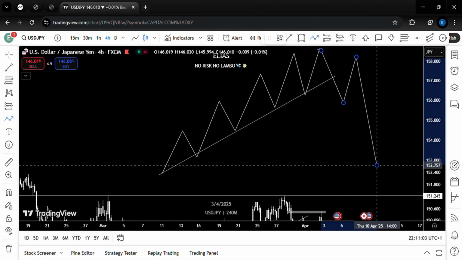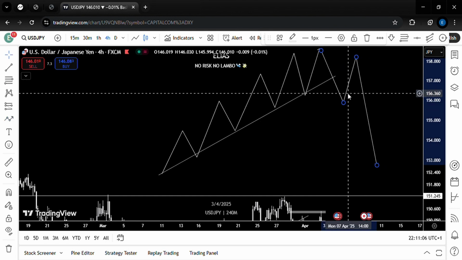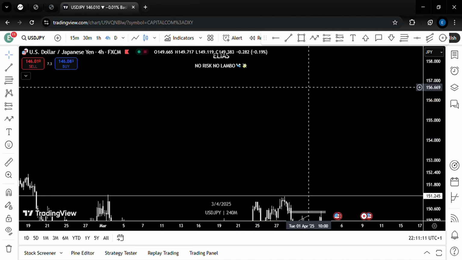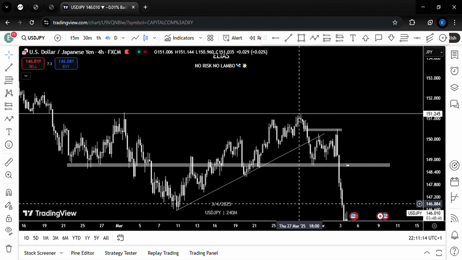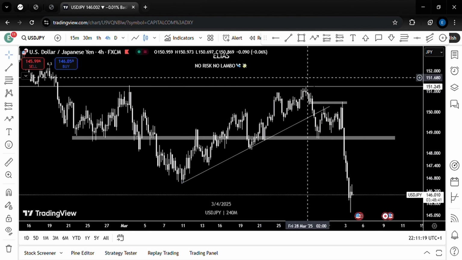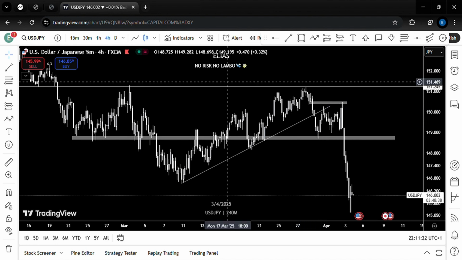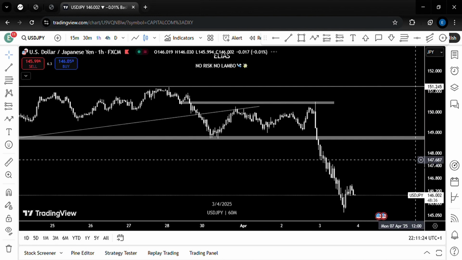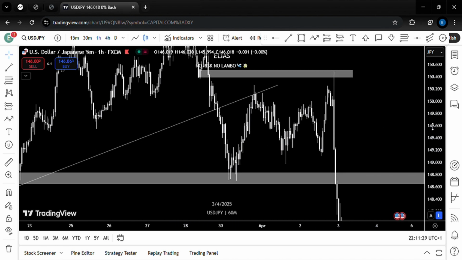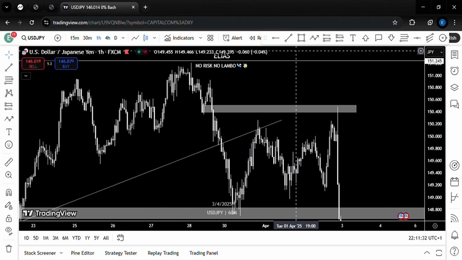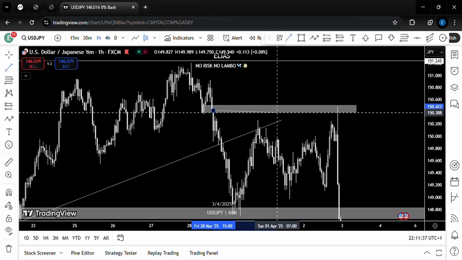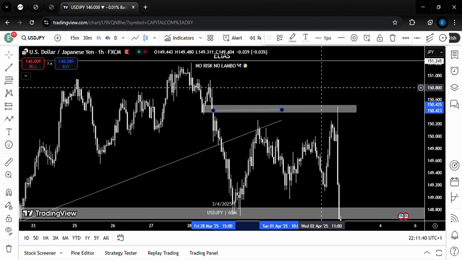When I want to join the party for the sell, remember our overall trend is a downtrend, which is why I'm only looking for sell opportunities. As you can see here, I drew this trend line and then price traded below it, came back for a retest. We go to 1 hour time frame, and as you can see here, we have this FVG, and this fair value gap here.